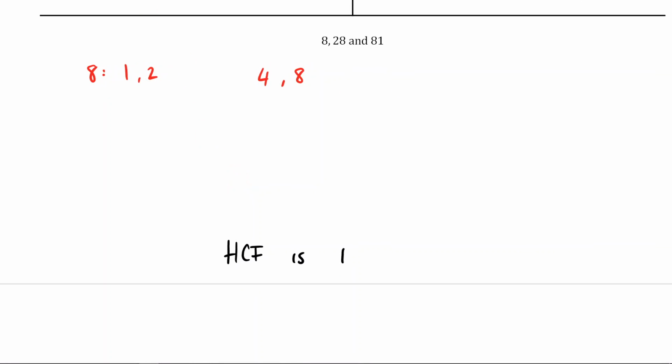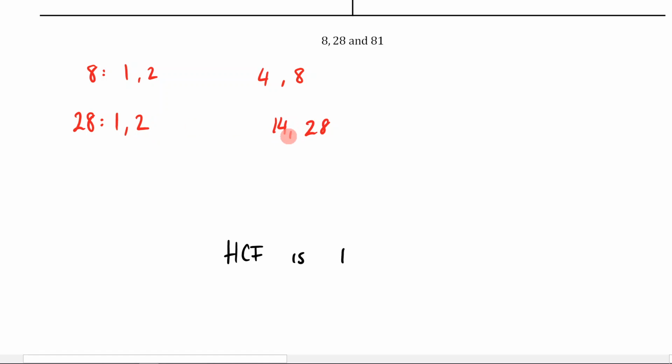If we wanted to, we could now find all the factors for 28. So it's going to be 1 and 28. And then 2 and 14. And then 3 doesn't go in, but 4 goes in 7 times. And then we'd have to do the same thing for 81. So this one might take some time.